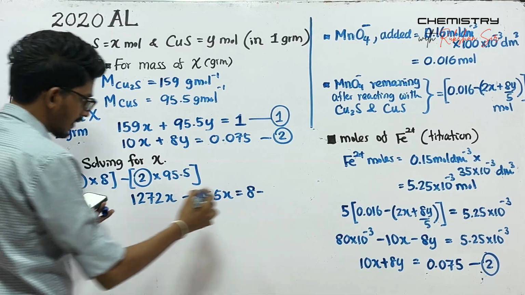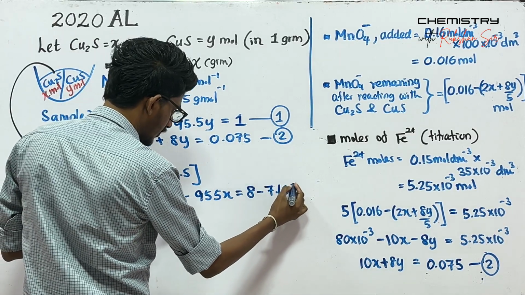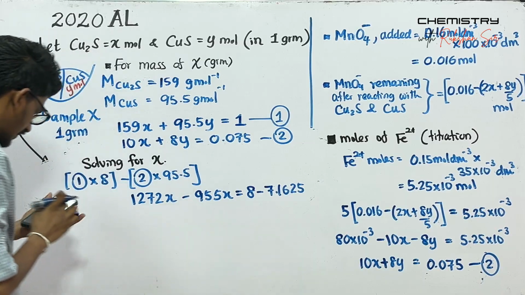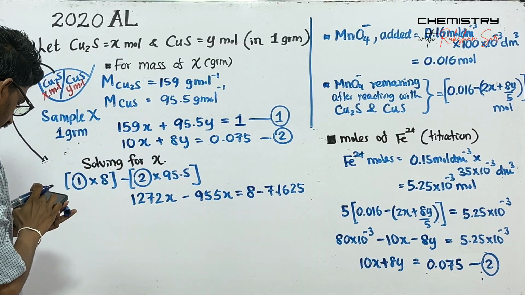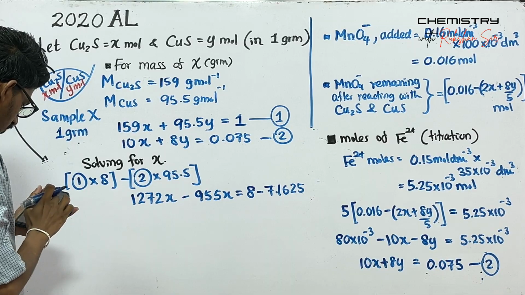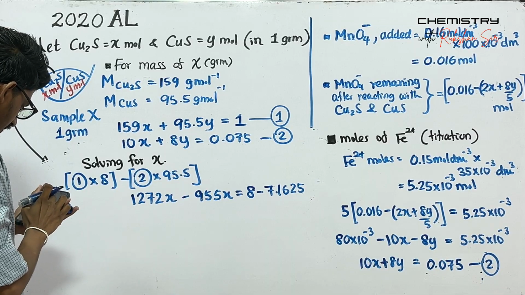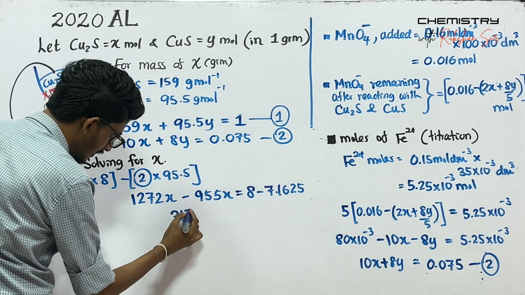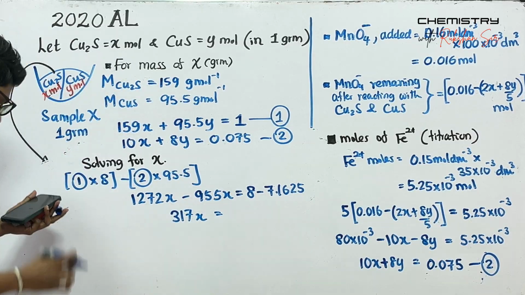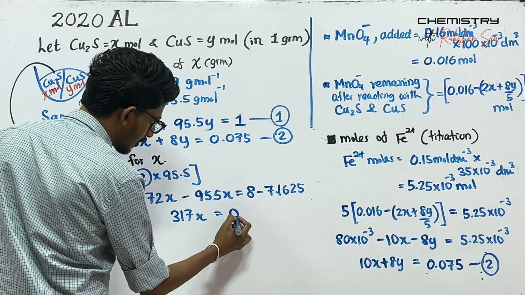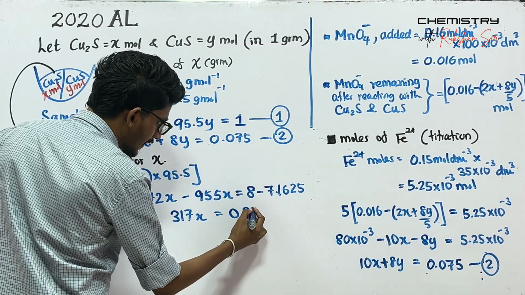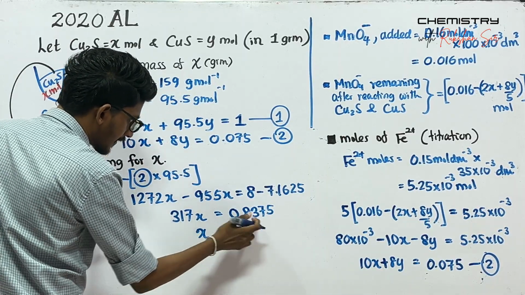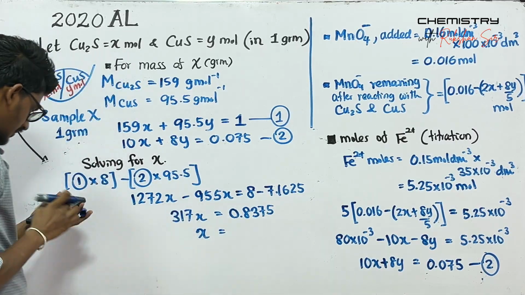That is equal to 7.1625. So 1272 minus 955 is given as 317x is equal to this value, 0.8375.